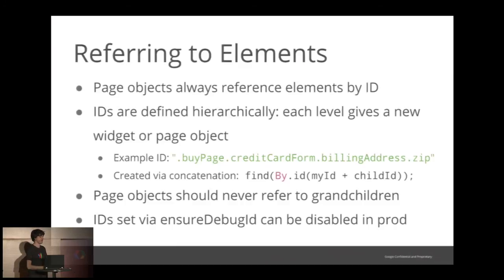So if I have that address form on my page that has a zip field inside it, I don't just give it a single ID called zip field or whatever. I give it that ID, but then prefix that by the ID of all of its parents. So if it's inside the billing address field, it's billingaddress.zip. If that's also inside a credit card form, it's creditcardform.billingaddress.zip, and so forth.